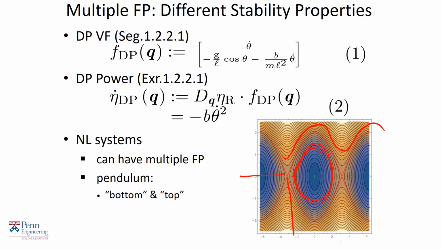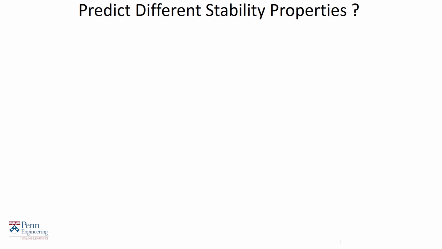Let's see if we can understand from the mathematics how to predict these properties so that in high degrees of freedom, when we can't draw these pictures and we don't have these total energy expressions and don't understand what they mean in the same way, we can still derive the same conclusion. Can we predict the different stability properties of the damped pendulum by using these total energy style arguments?